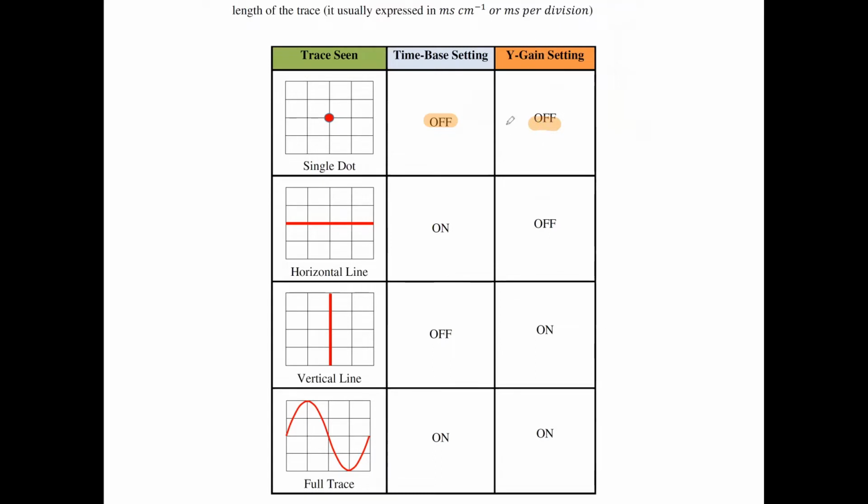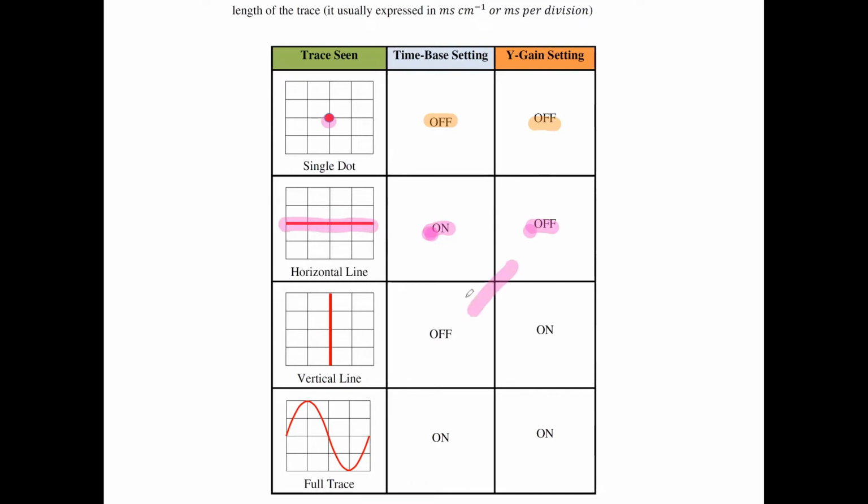So it can neither move horizontally nor vertically. The only thing I'll see on the screen is just a single dot. But if I switch on the time-based setting, but still switch off the Y-gain setting, now my trace can travel horizontally, but cannot travel vertically. The only thing I'll see on the CRO screen is just a horizontal line.